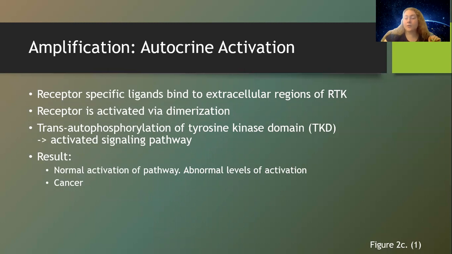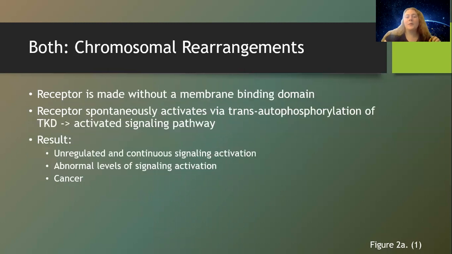As for our third well-known pathway, we'll be talking about chromosomal rearrangements. And this is an important pathway because it can cause both types of activation. It can cause both a gain of function and it can cause amplification. Now, chromosomal rearrangements is a normal part of cell division.